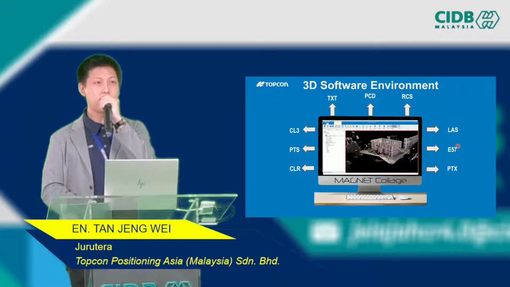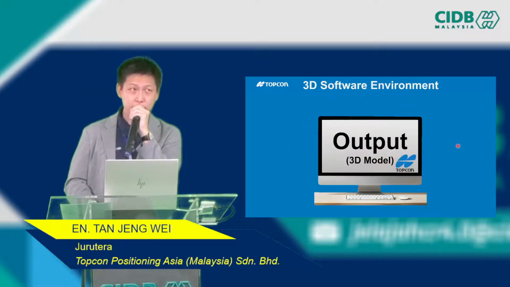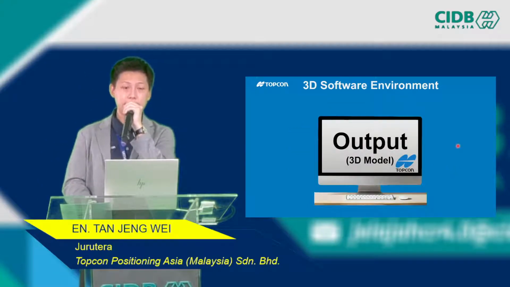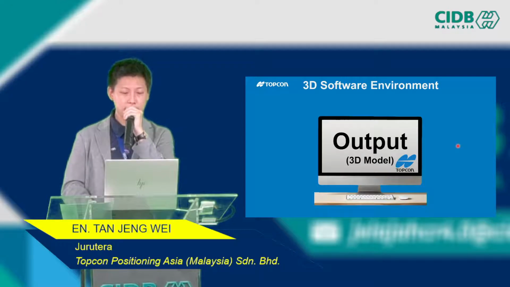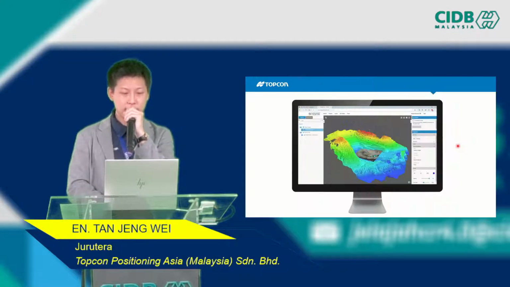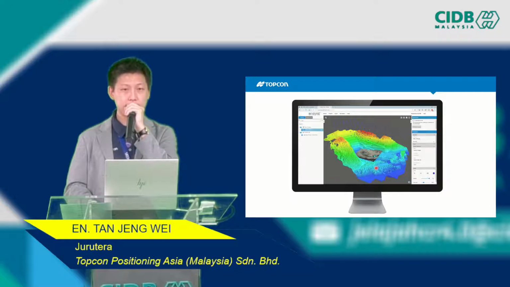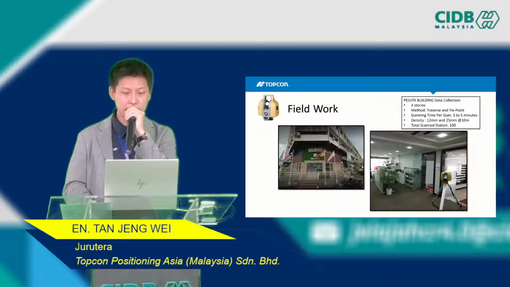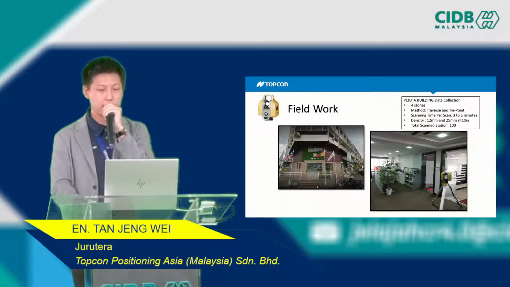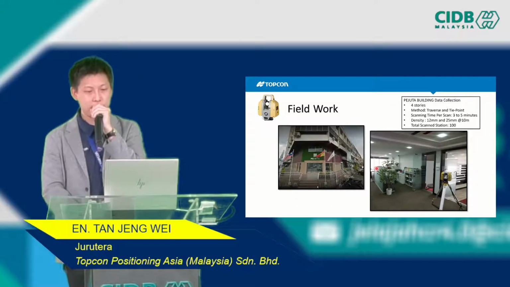So let me share with you some of the output from our previous case studies. As you can see, this is an example of a terrain with a heat map, heat indicator. And this is another example which we conducted at Pajuta building.